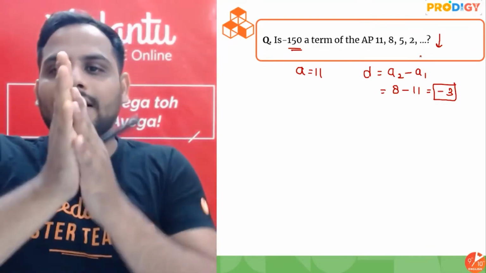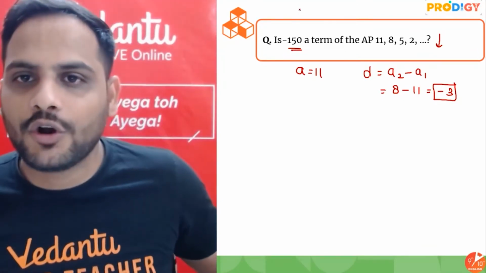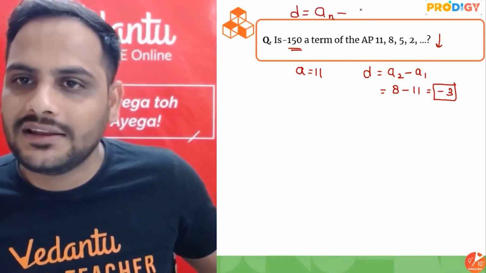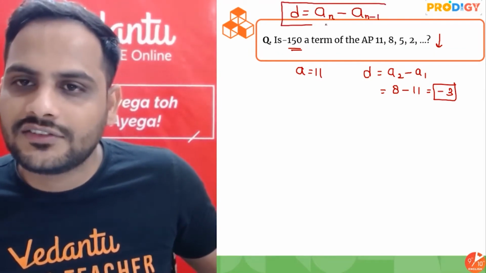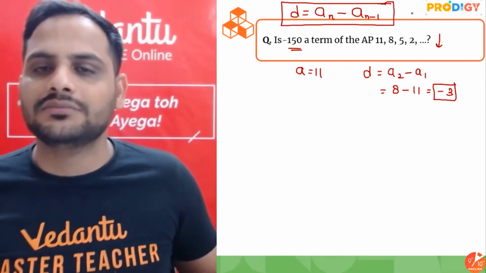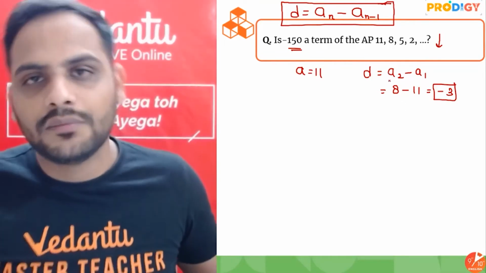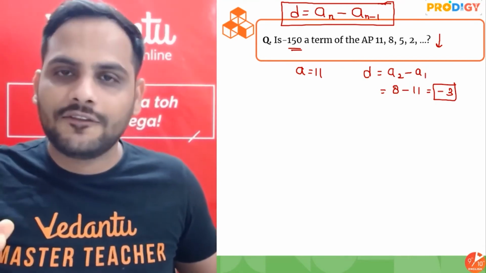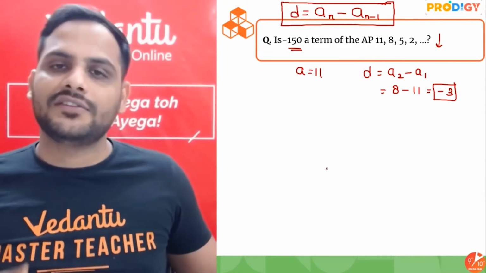The common difference is any term minus the previous term: the nth term minus the (n minus 1)th term. So a2 minus a1, a3 minus a2, a4 minus a3. We always subtract the previous term. So the common difference is minus 3.